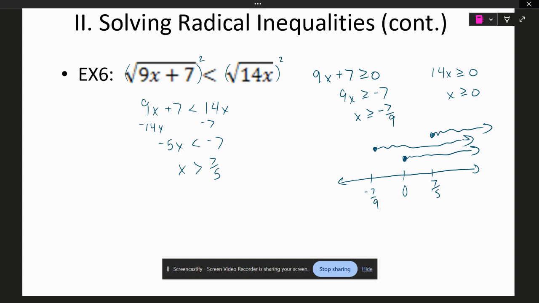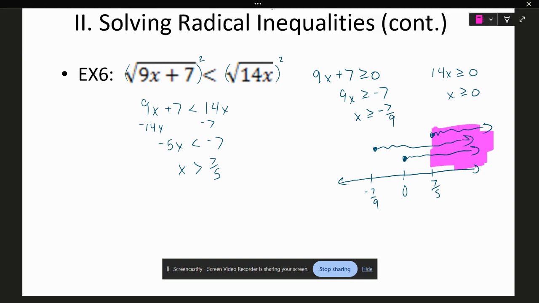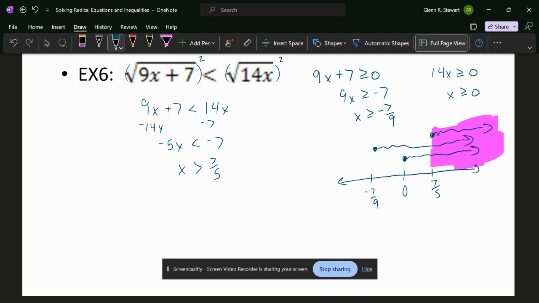Again, even though there's three things, that just means that all three have to be overlapping in order for us to count it as our solution. So as you can see at that very back part here that I'm about to highlight, the 7/5 to infinity. So that's what we're going to go with.